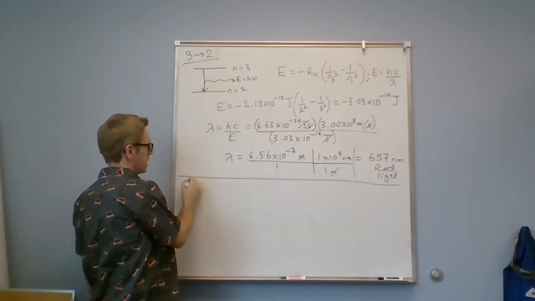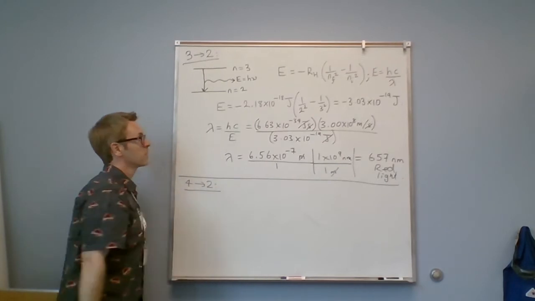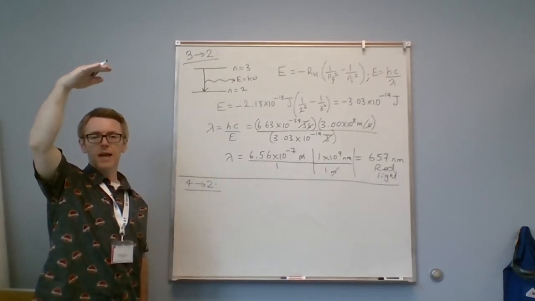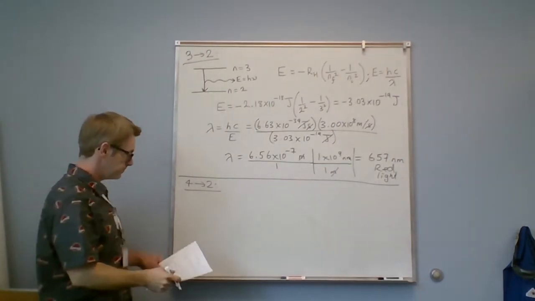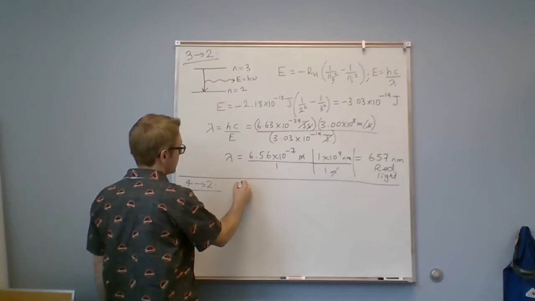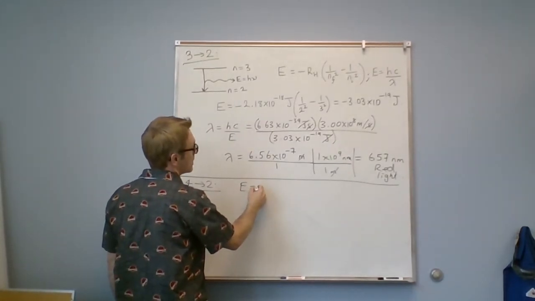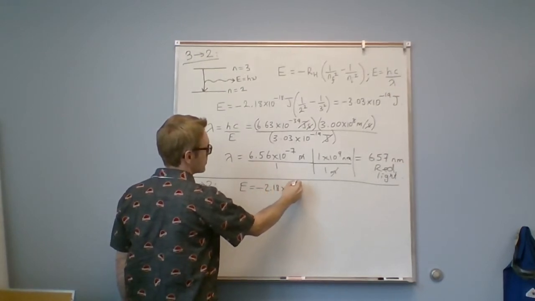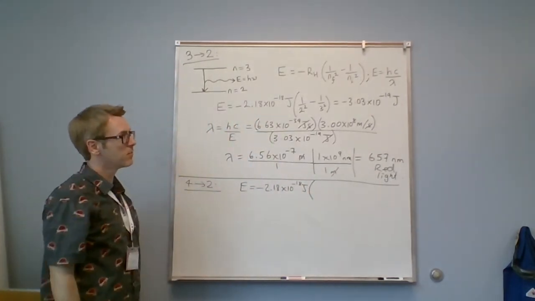Let's have a look at a 4-to-2 decay. So we're going a bit higher up in the layers of the atom now, but we're decaying down to the same position, the second level. So here energy is minus 2.18 by 10 to the negative 18 joules, that's our Rydberg constant.